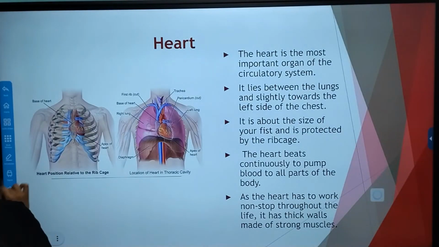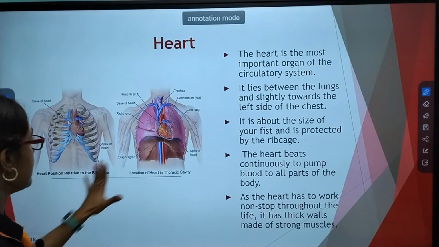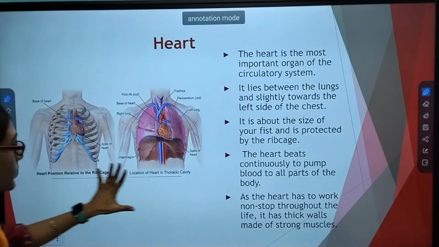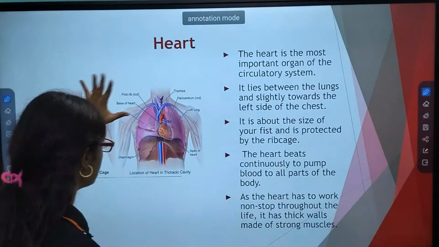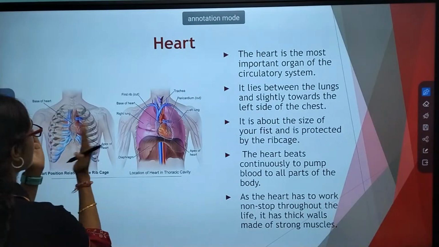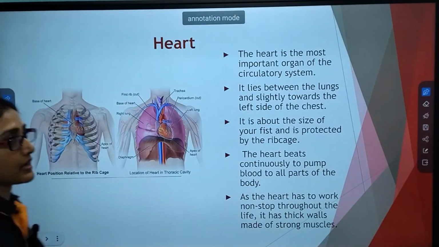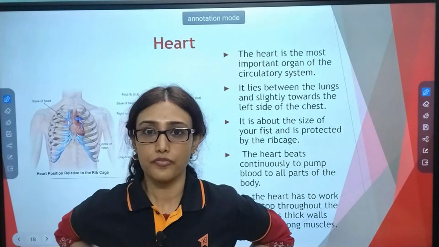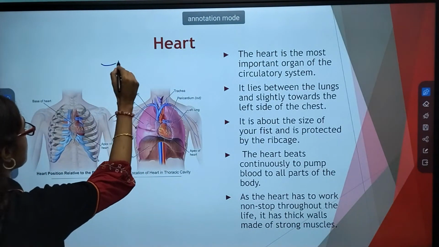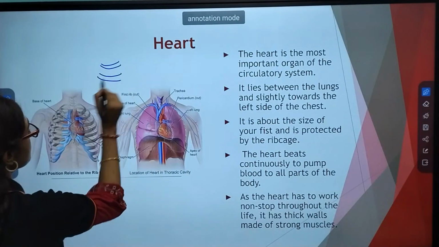Now heart. Okay. Now just look at the picture of how the heart is located in our body. See, it is located inside the rib cage. If you touch this part of your body, you will find that there are ribs. Structures like this are present.